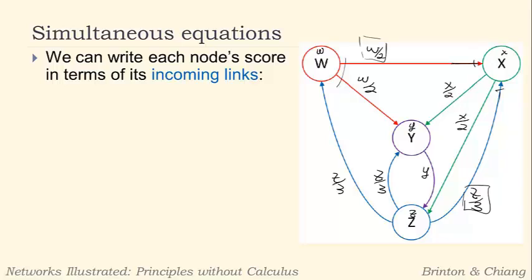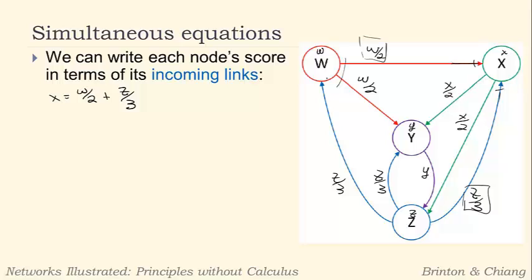So we just write an equation at each node in terms of the incoming links. So for X, we can get that X equals W over 2 plus Z over 3, right? Because if you start at W, the only way you can get to X is by either being on W or Z, if we're neglecting the idea of surfing randomly right now. And if you're on W, there's W over 2 chance then that you're going to come to X because it splits half and half.